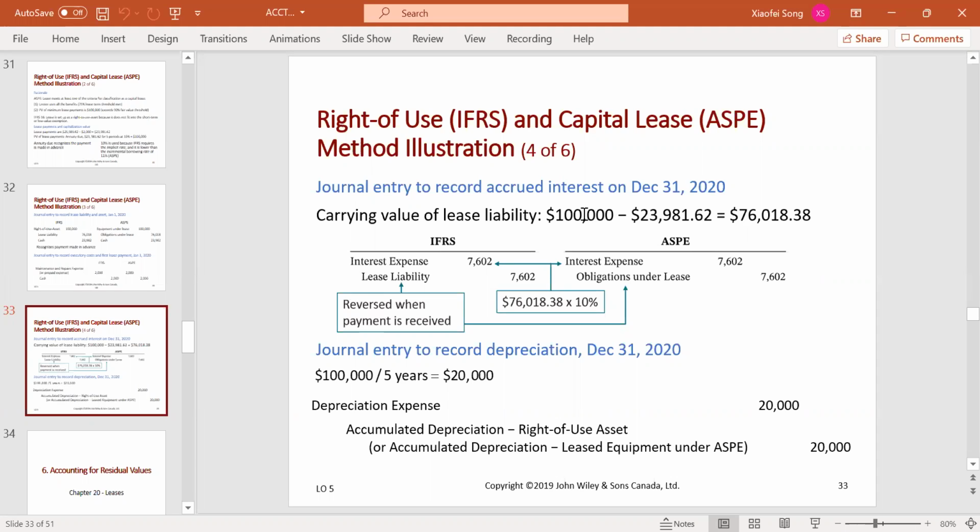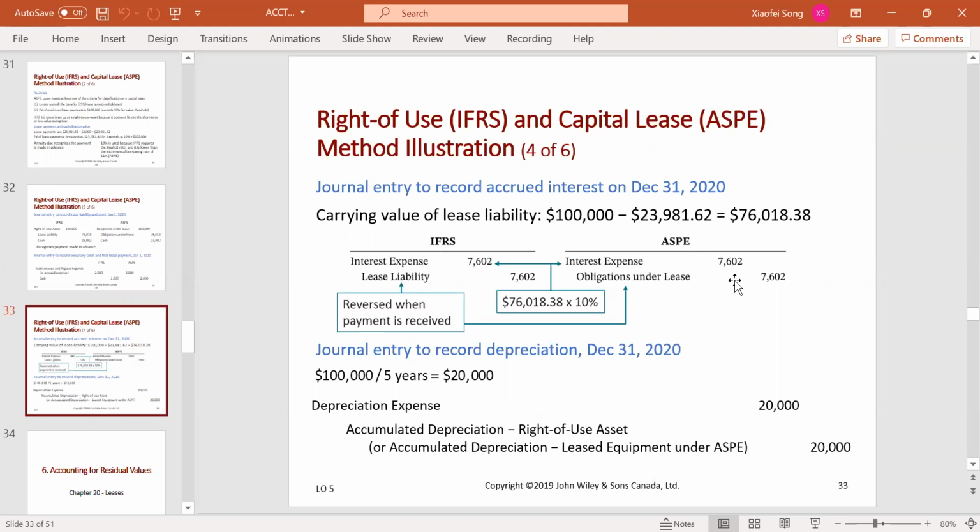That's the difference between 100,000 and 23,982, which is the carrying amount of the liability, and 10% of that is 7,602. So interest expense is the same, with the credit to lease liability for IFRS and obligation under lease for ASPE.